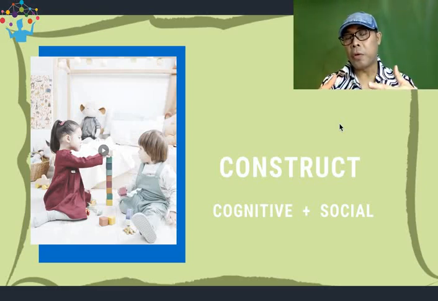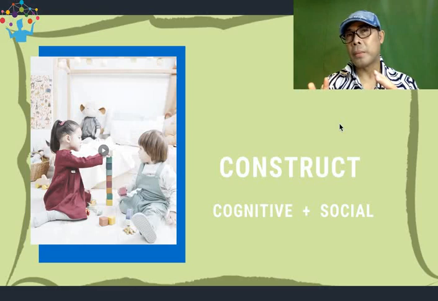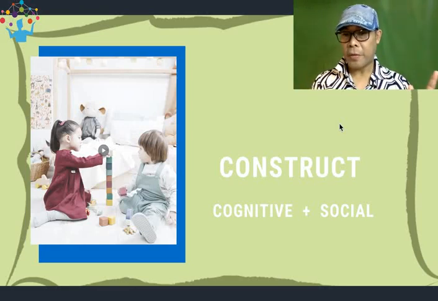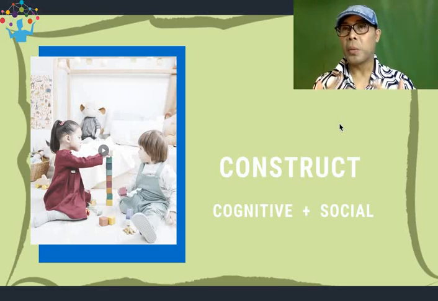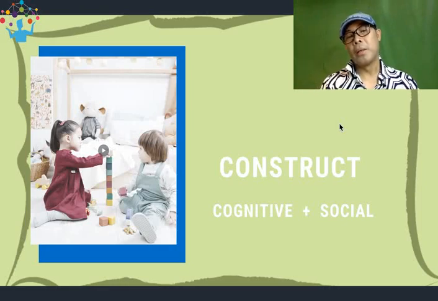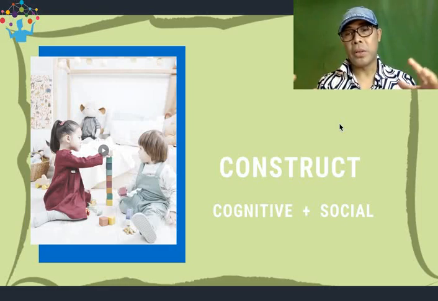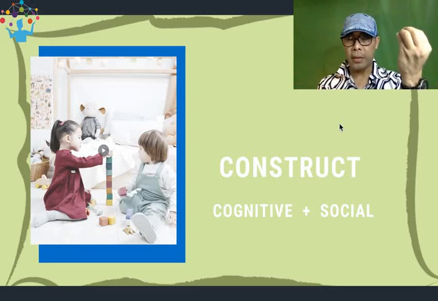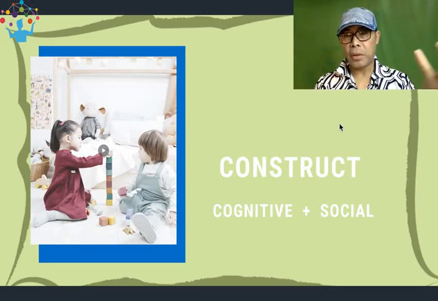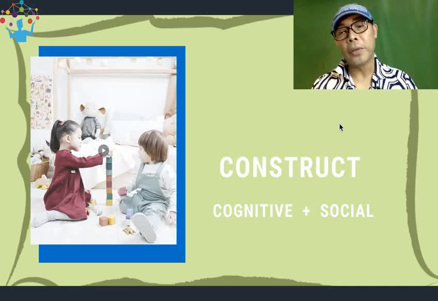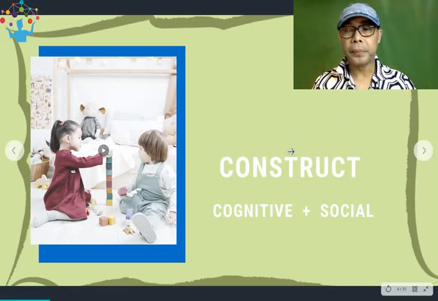As we move forward in the discussion about constructivism, you will notice some familiar concepts that we already have discussed before, right? Pay attention to that. So going back, constructivism is just a combination of the cognitive process and the social process, and you put it together and you have the constructivist theory of learning.